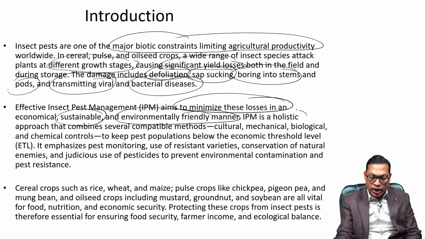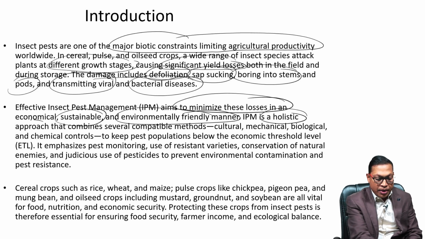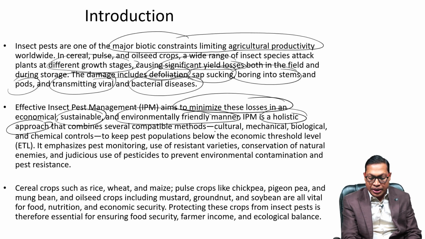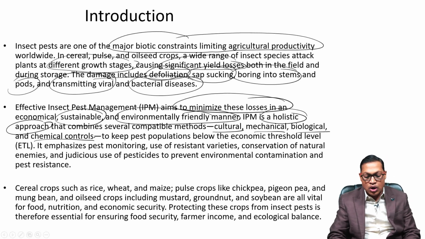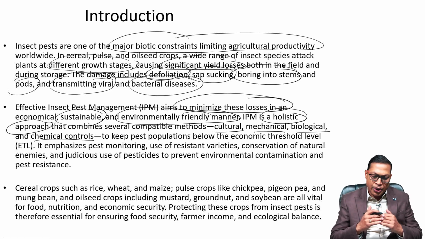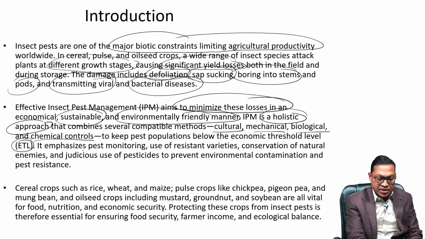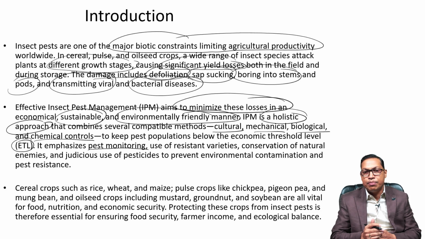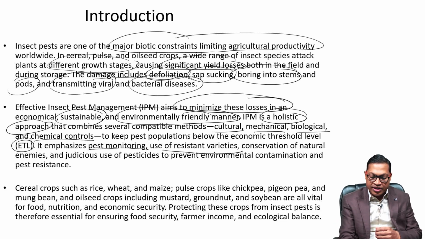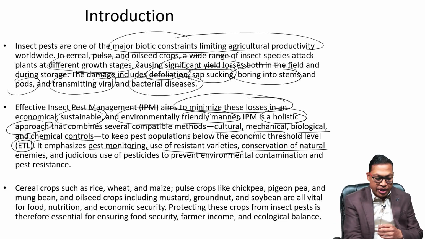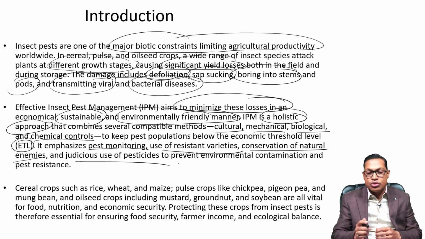We have to search for a strategy that manages insect pests in a holistic approach, combining several compatible methods like cultural, mechanical, biological and chemical controls to keep the pest population below the economic threshold level, that is ETL. It emphasizes pest monitoring, use of resistant varieties, conservation of natural enemies and judicious use of pesticides.